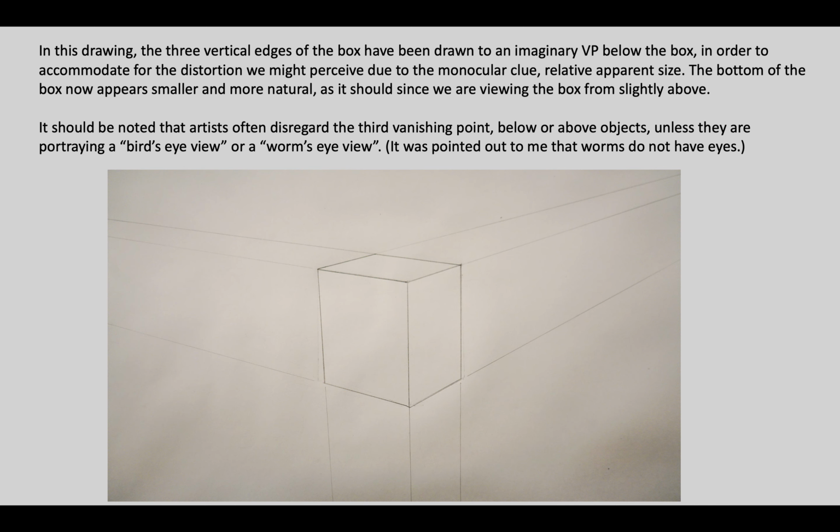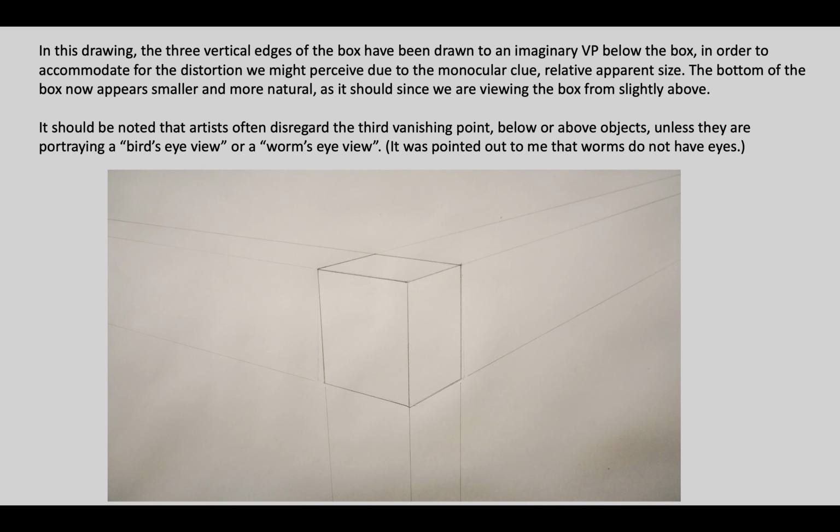And so we need that third vanishing point, because in fact, those 3 vertical sides, actually the inside of the back corner, which isn't drawn yet, those vertical lines are going to converge way down below the drawing. But it's not going to be practical for me to actually locate that vanishing point.